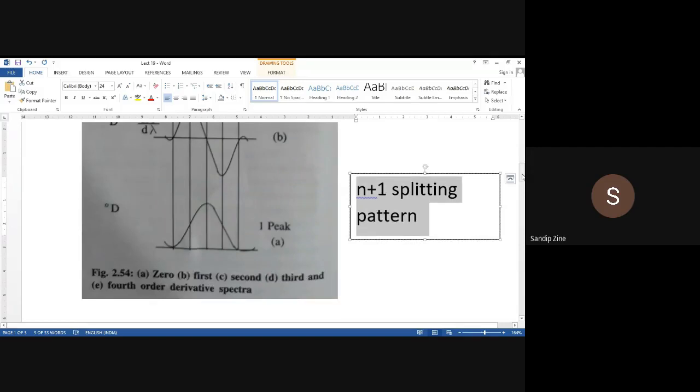We can take a case study, isn't it? We can record the zero and second order spectra of amphetamine and phenylethylamine.